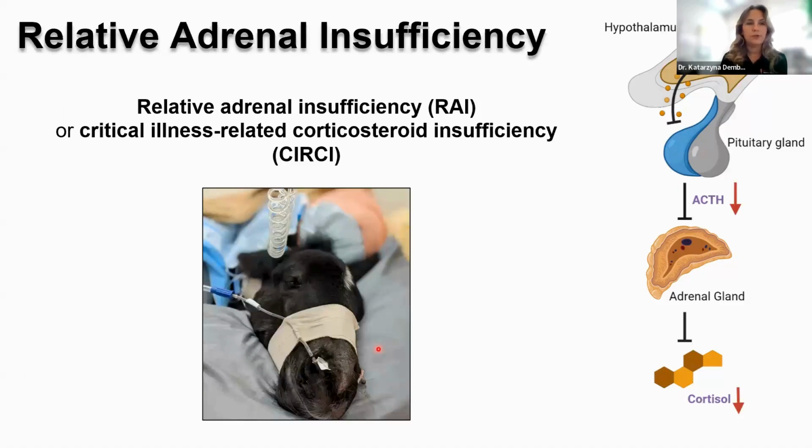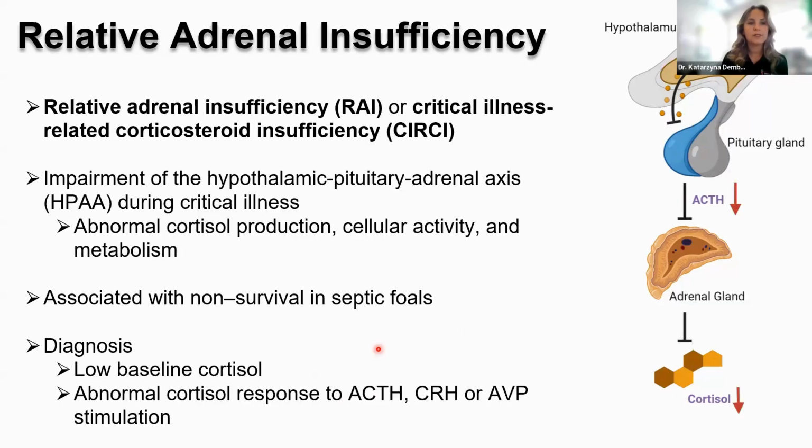So now I'm going to move into relative adrenal insufficiency, also known as critical illness-related corticosteroid insufficiency, or CIRCI. It is defined as a transient impairment of the hypothalamic-pituitary-adrenal axis that occurs during critical illness in people, but also in other species and in foals. And it results in abnormal cortisol production.